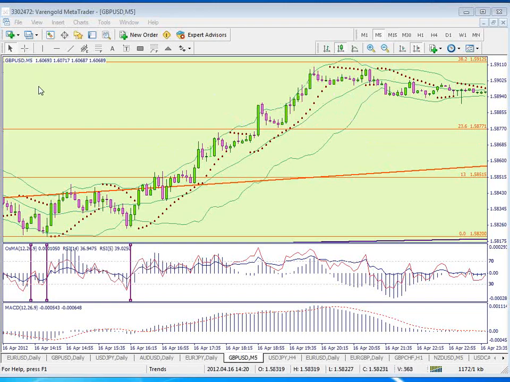On majors, we don't have big spreads. Maybe 2 or 3 pips, 1 pip for Euro Dollar, 2 for GBP Yen, and so on. I think 3 for Aussie Dollar, and so for me, the spread doesn't matter.